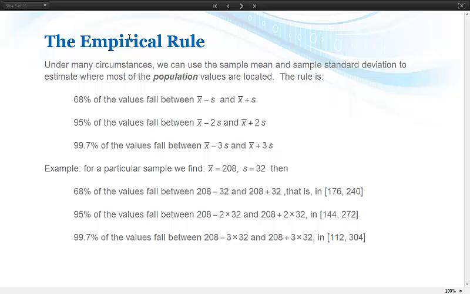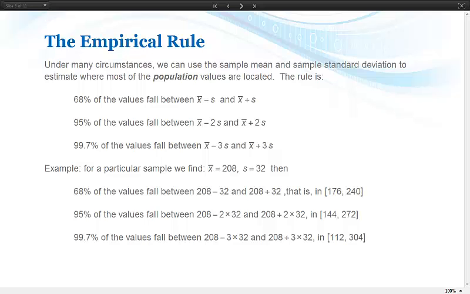So we're going to describe this empirical rule that lets us use the sample mean and standard deviation to figure out where most of the values are located. Again, it works for the sample values, but most importantly, this gives us an estimate of where most of the population values fall.